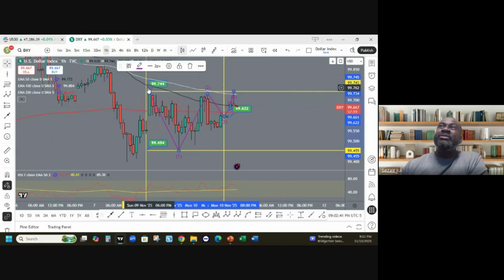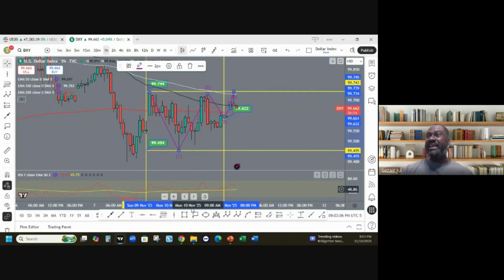Now if you want to trade, the US dollar is going down. If you're in USD JPY, the US dollar is going down. Now you know what to do. Now at this point, the US dollar goes back up. As the US dollar is gaining value, you want to buy, right? But if the US dollar is losing value, what do you say? You want to sell.